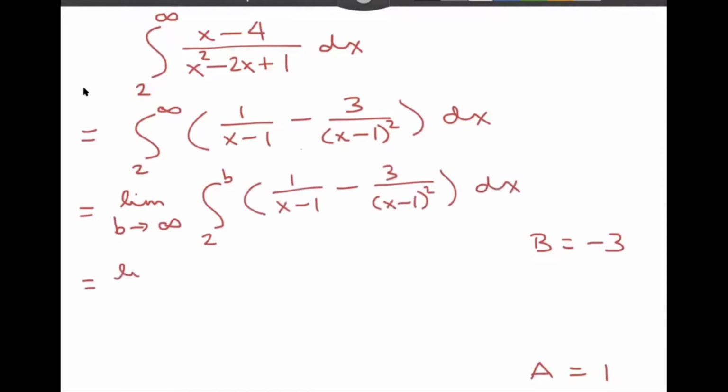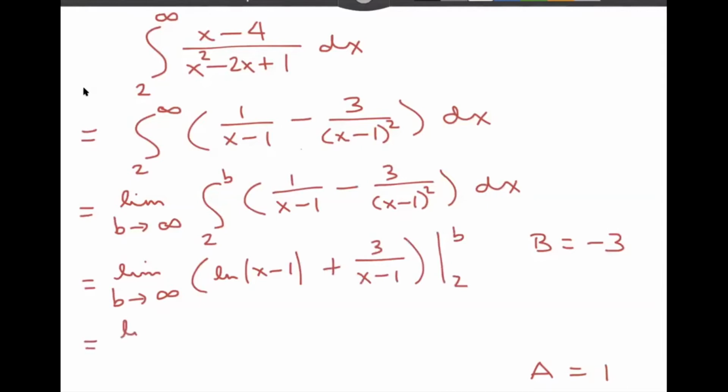All right. Antiderivative for 1 over x minus 1 is natural log absolute value x minus 1. And then if you think of that second term as -3 times x minus 1 to the -2, by the backwards power rule, that antiderivative will be plus 3 over x minus 1. Plug in b, plug in 2.